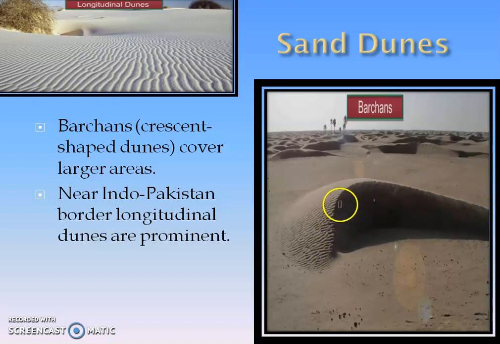It is a curved shape, and this curved shape is known as the crescent shape. If you visit Jaisalmer, you will find a number of sand dunes like this. But as we move towards the Indo-Pakistan border, longitudinal sand dunes like this are prominent.